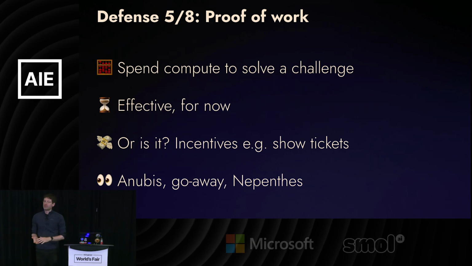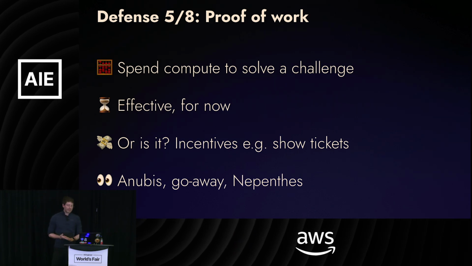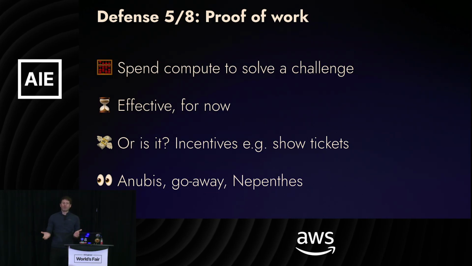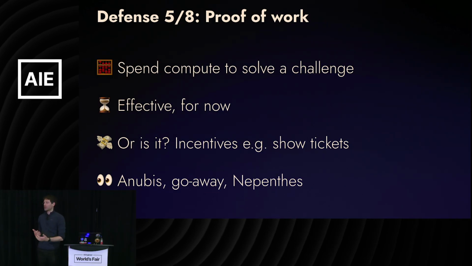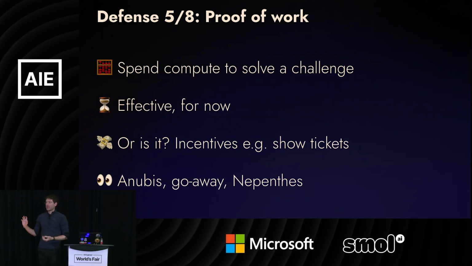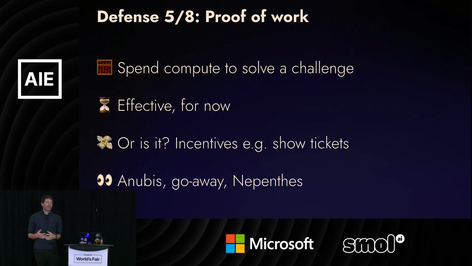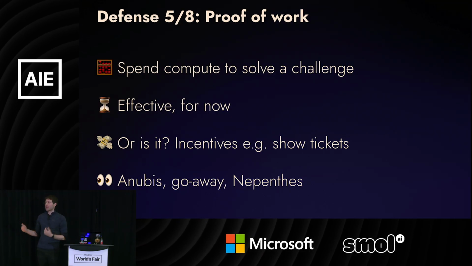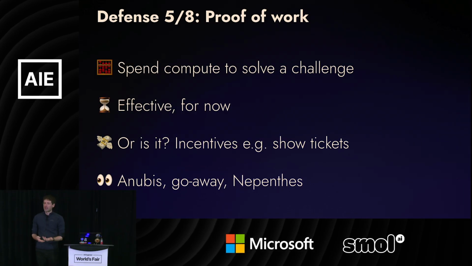Proof of work, which has come from the crypto side of things, means that you require a computer to do a certain number of calculations and provide the answer to a puzzle before they can access the resource. And this usually takes a certain amount of time. It costs CPU time.